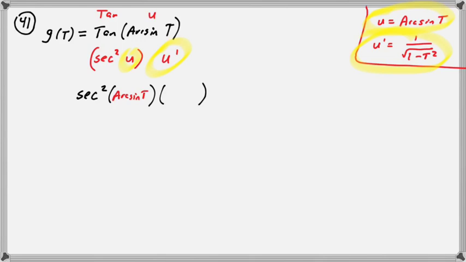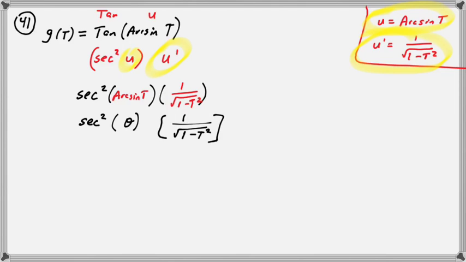Well, it would be replaced with 1 over radical 1 minus t squared. Now, this right here is secant squared of an angle, specifically an angle whose sine is t.